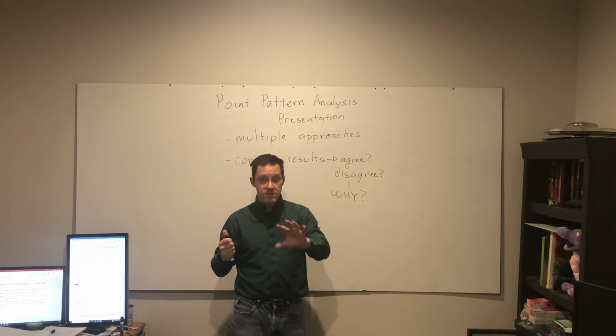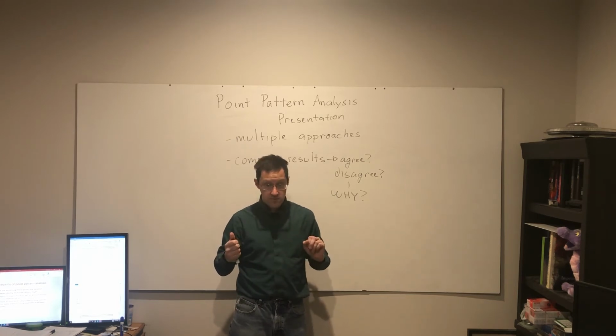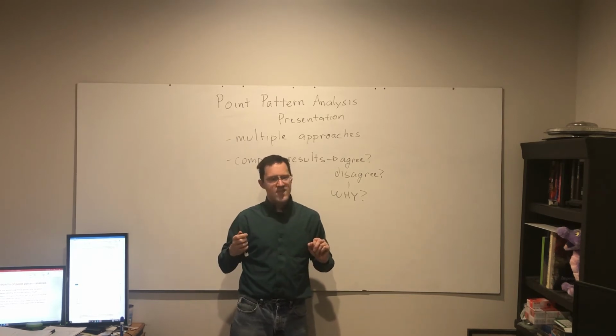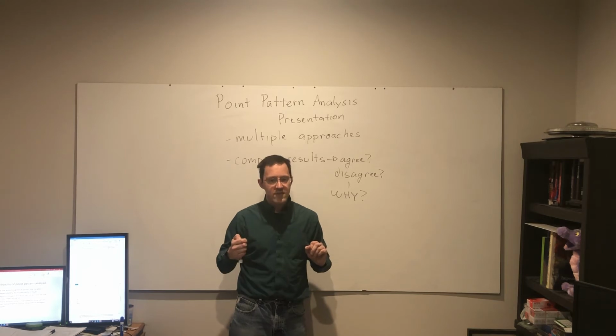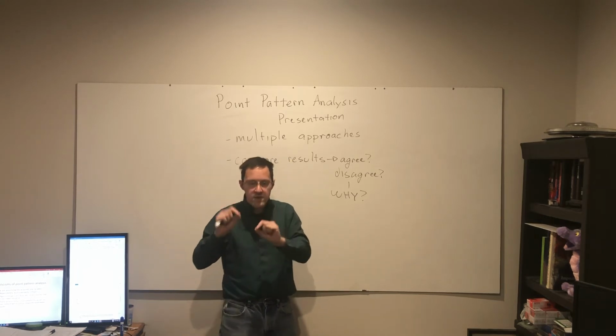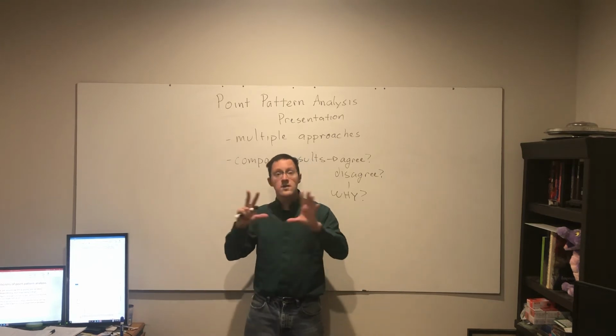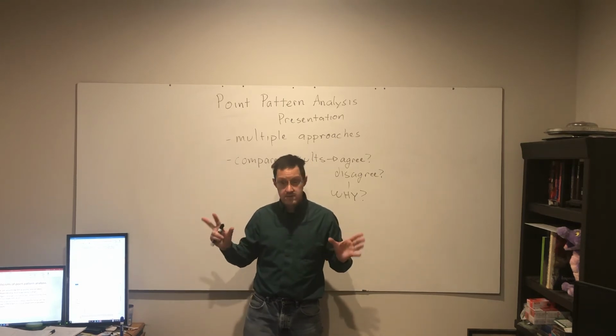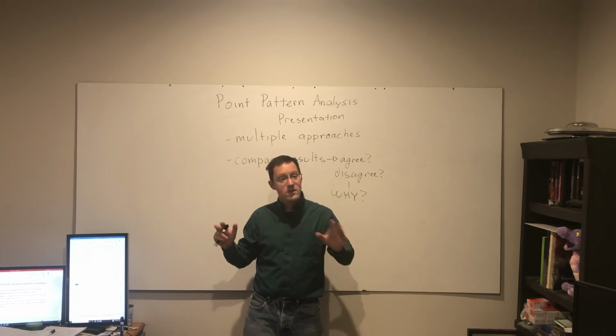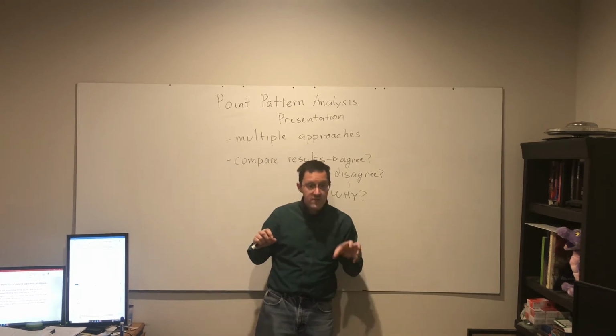Especially for something like nearest neighbor, a distance-based approach, it's only using the distance to that one nearest neighbor. It's ignoring most of the possible distances, pairs of points in the entire study area. So it's giving that limited perspective.